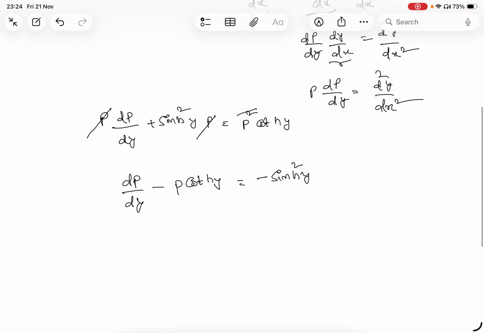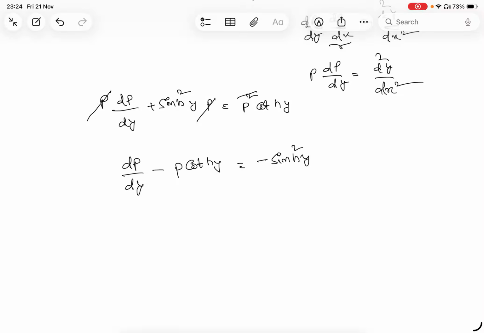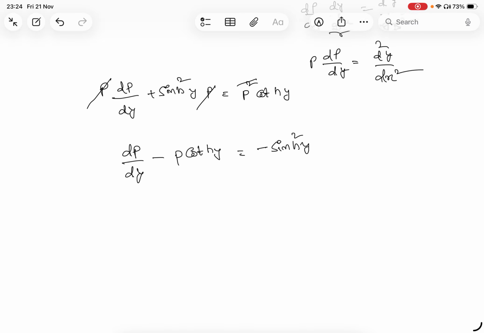This looks like a first order differential equation of the form dy/dx + P(x) y = Q(x). There is an available integrating factor formula for this, which is e to the power integral of P(x) dx. Here, compared to the general formula, P is minus coth y dy. The integral of this is minus ln sinh y.